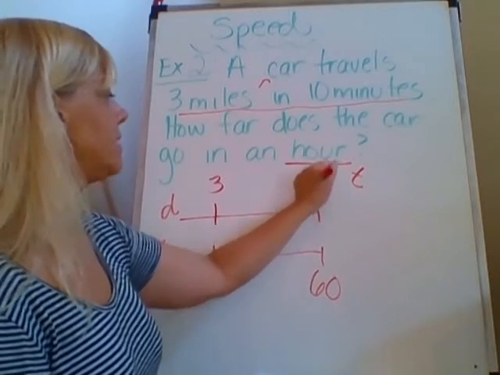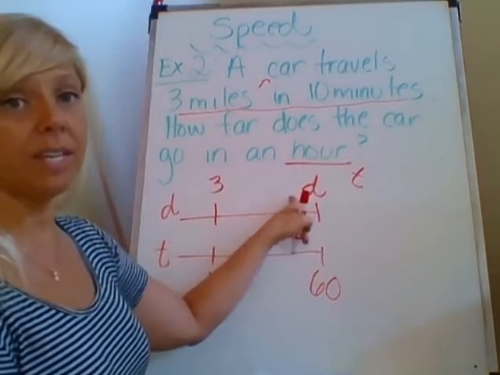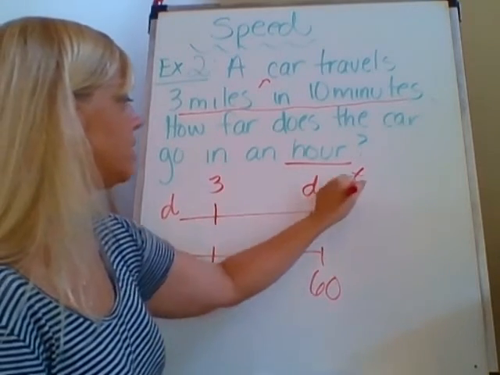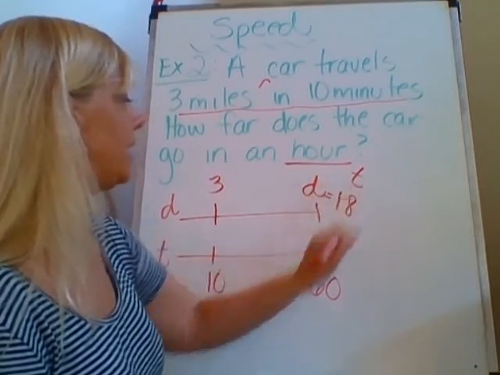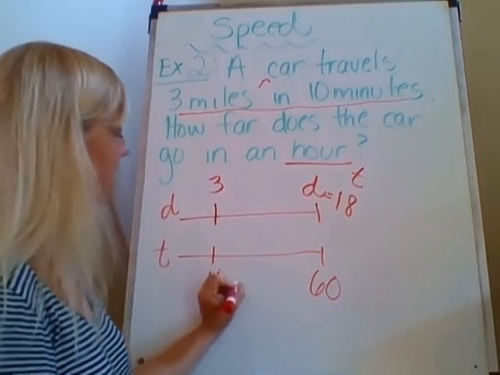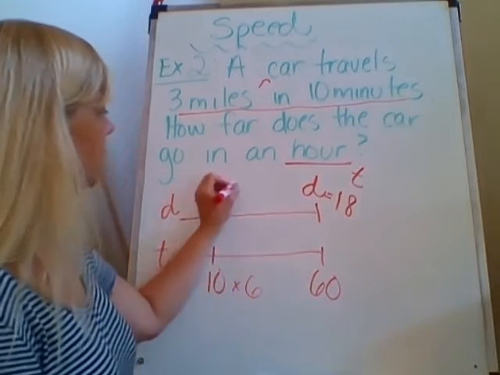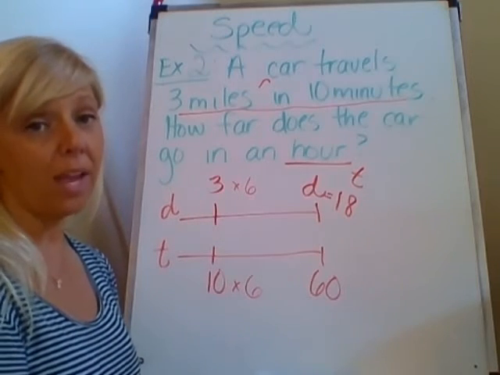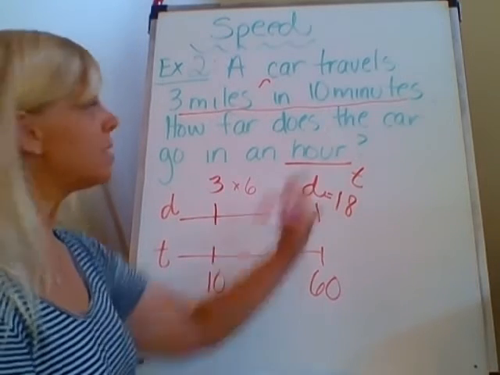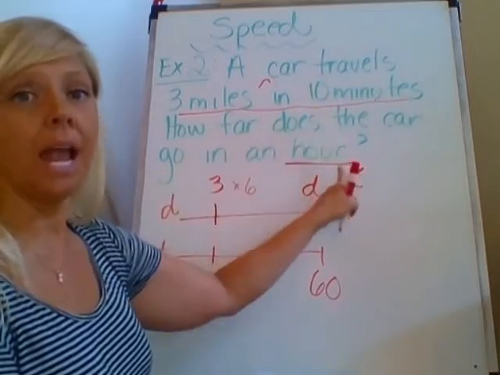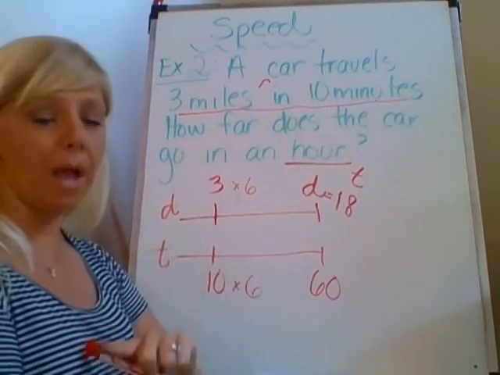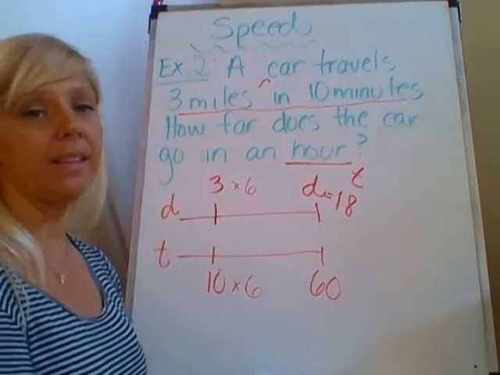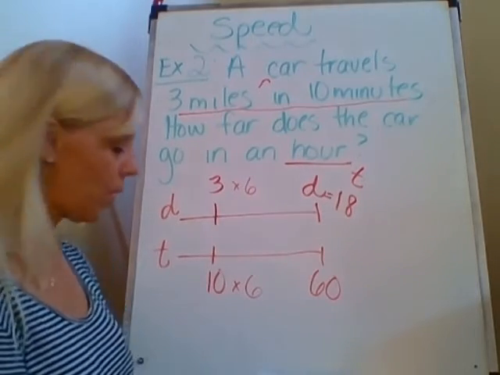So to find my distance, 3 times 6 is going to be 18. So in this case, my distance is going to be 18 miles because 10 times 6 is 60. Again, this is why I like my double number line the best, especially when I'm having minutes and hours or minutes and seconds or anything that I don't have the same units for.